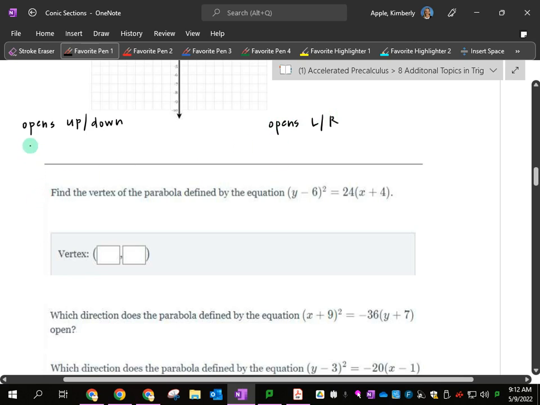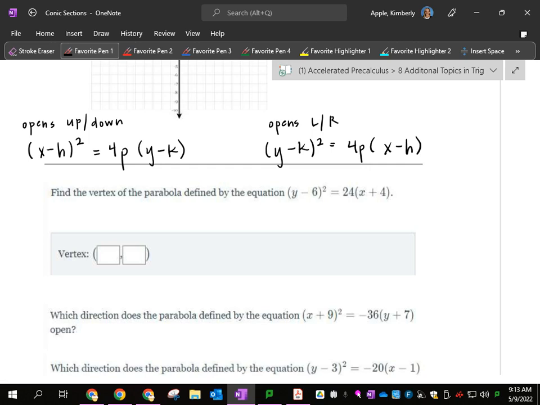Opening up and down, I'm going to have x minus h squared equals 4p times y minus k. For opening left and right, this will be y minus k squared equals 4p times x minus h. So notice there are some similarities first to the circle, and second, similarities between the two parabola equations.